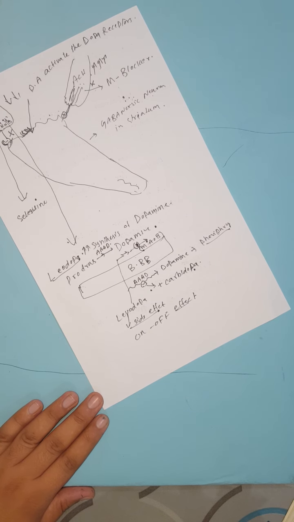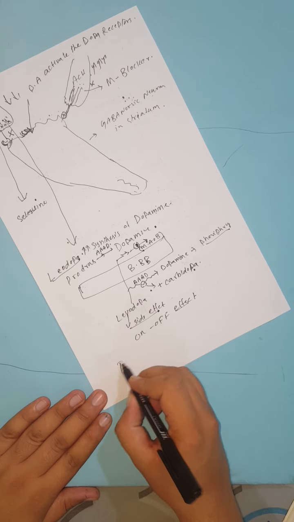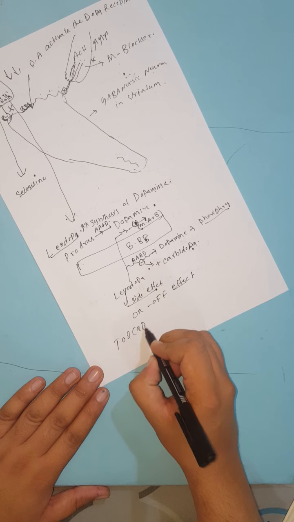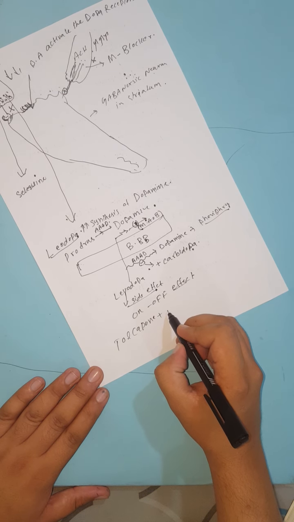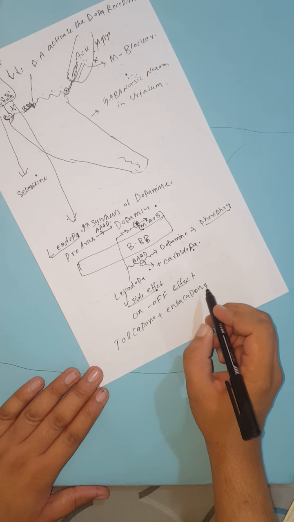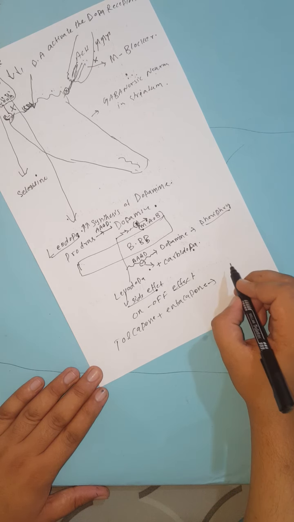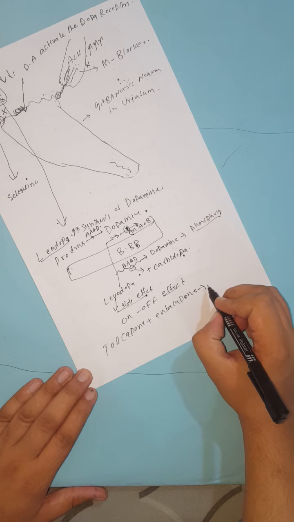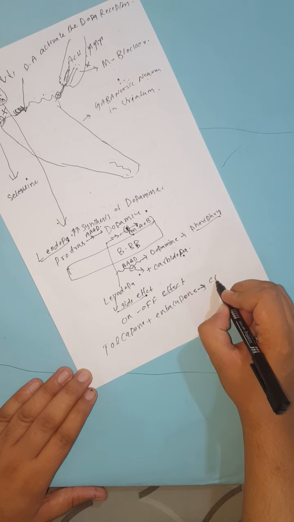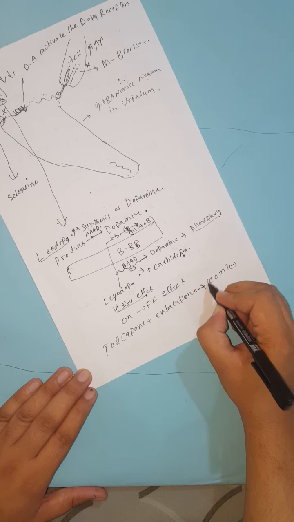And the second drug class is dopamine receptor agonists. But first we will discuss tolcapone and entacapone. When "capone" comes in the name, they are COMT inhibitors.